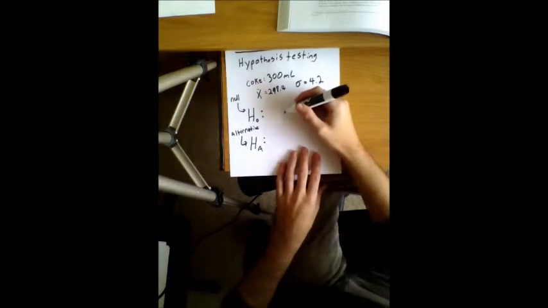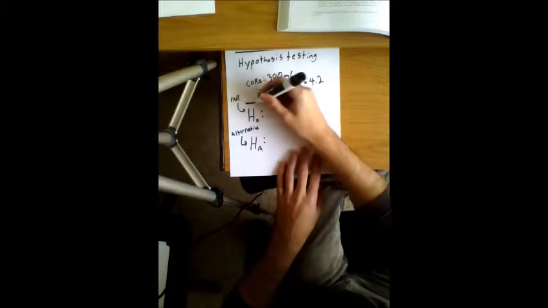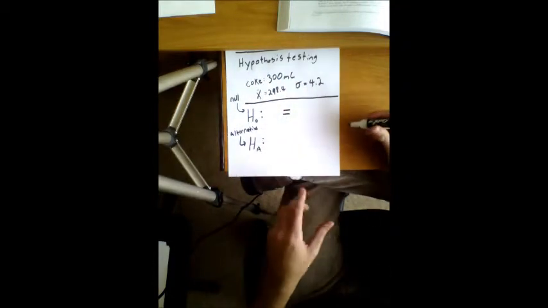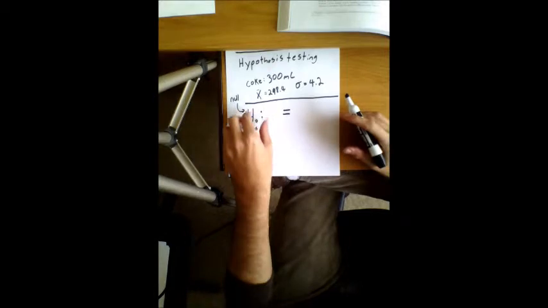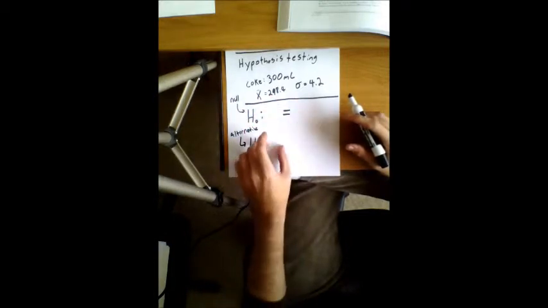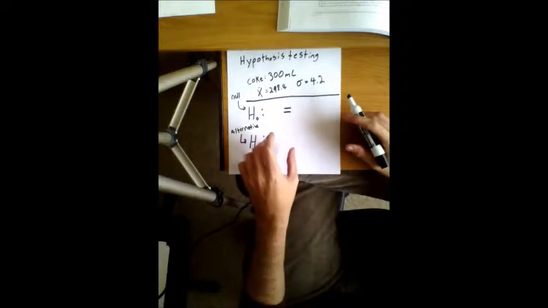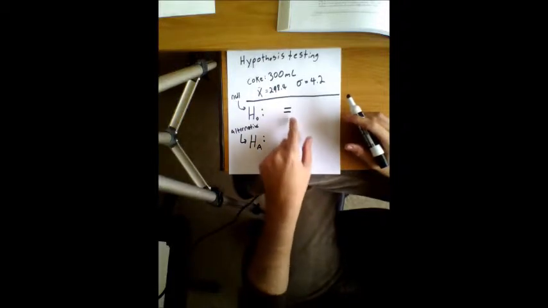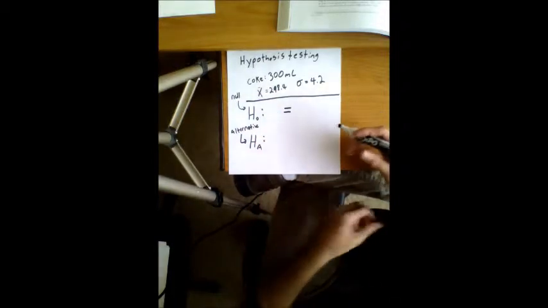So just to give you an idea, H0 is always going to have an equal sign. So when we set any of our hypotheses up, they're always going to look like this. H0 something equals something, and HA we've got to have less than, not equal to, or greater than. So anything except for an equal sign.